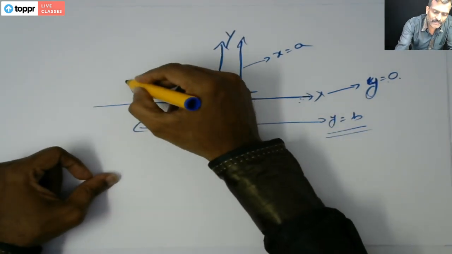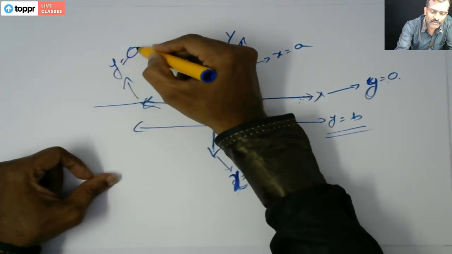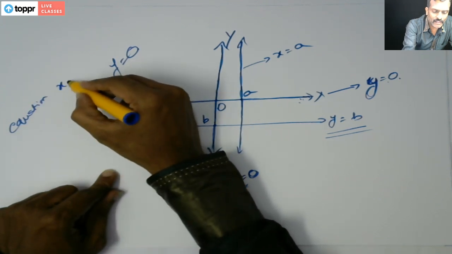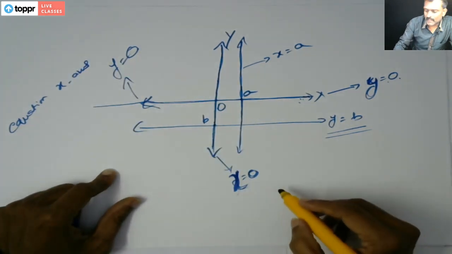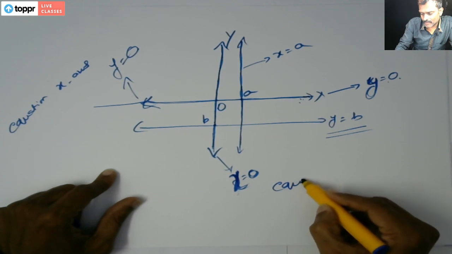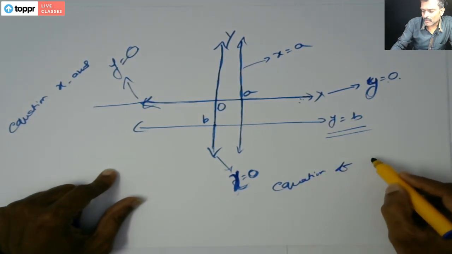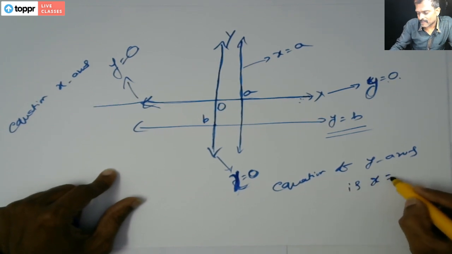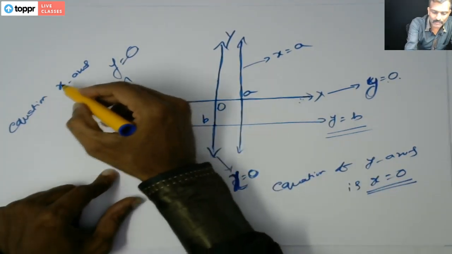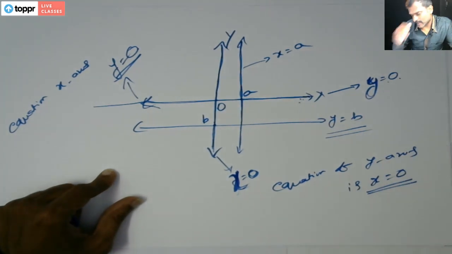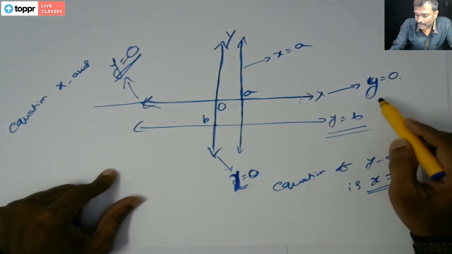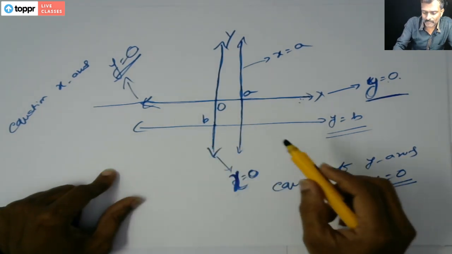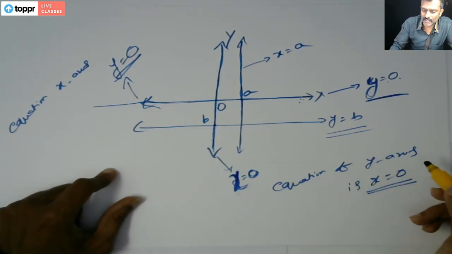So you now know the equation of the x-axis. So the equation of the x-axis is what? y is equal to 0. And the equation of the y-axis is x is equal to 0. Please do remember this, because you might get confused like how I just did. Whenever somebody asks what is the equation of the x-axis, we may immediately say x is equal to 0.